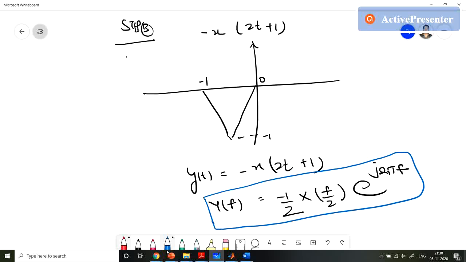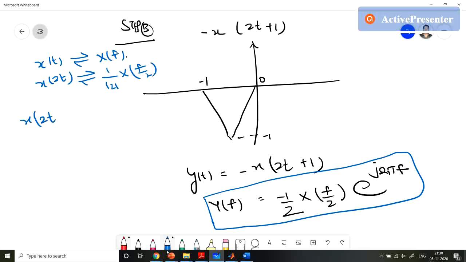So we can find out this Y(f). We have x(t), then we have x(2t). x(t) has Fourier transform X(f), and x(2t) has Fourier transform 1 divided by modulus 2 times X(f by 2). Then if we shift it, x(2t plus 1) has Fourier transform 1 by 2 X(f by 2) e raised to the power j 2 pi f, because shifting is by one unit.